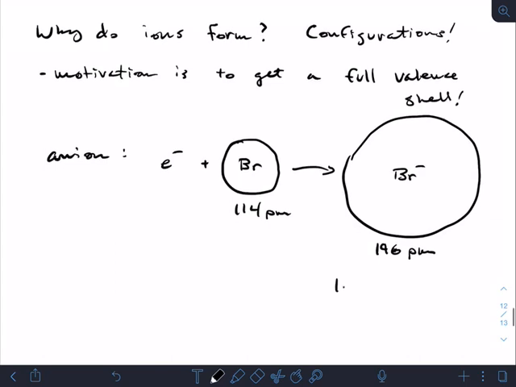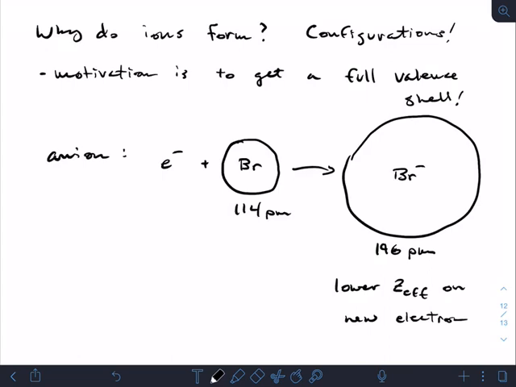One reason is that when I add that electron on, I haven't changed the Z effective at all. So that new electron has a lower Z effective. And remember, the Z effective controls how tightly things are pulled in towards the nucleus.